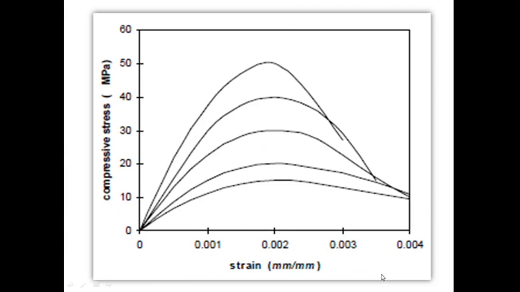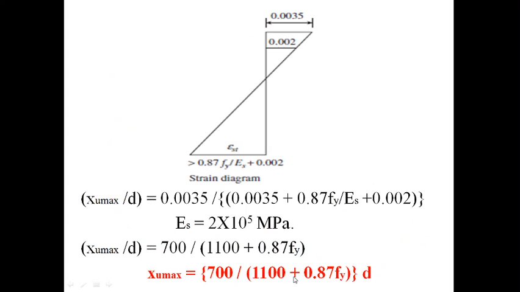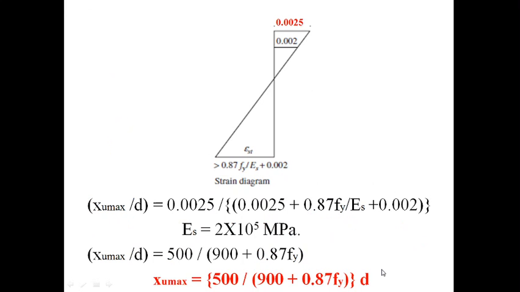So as per IS code, independent of the grade, it was 700 divided by 1100 plus 0.87 Fy into d, whereas as per our random assumption of 0.0025 strain, that is less failure strain for high strength concretes, it is 500 by 900 plus 0.87 Fy into d.